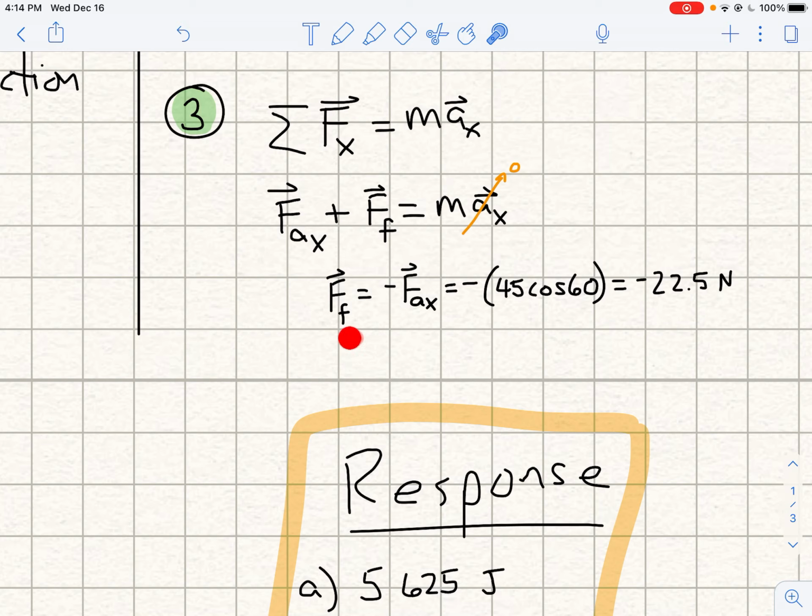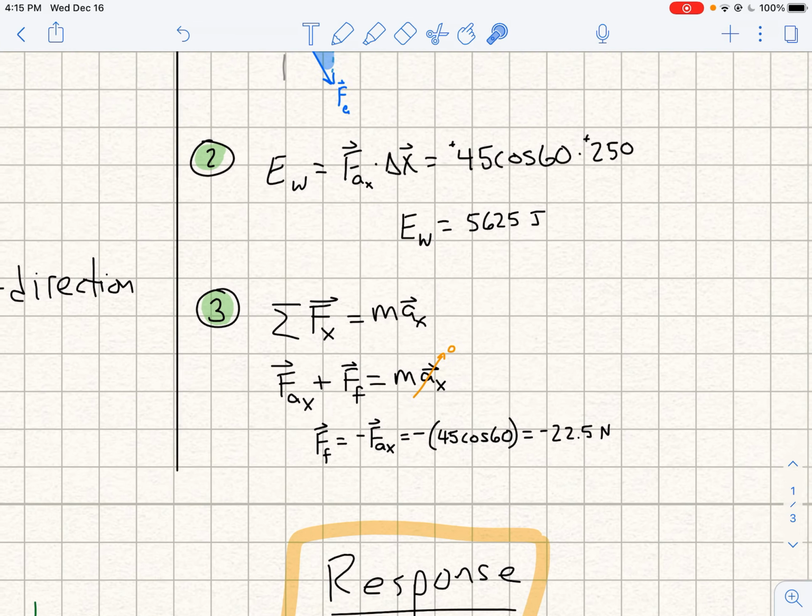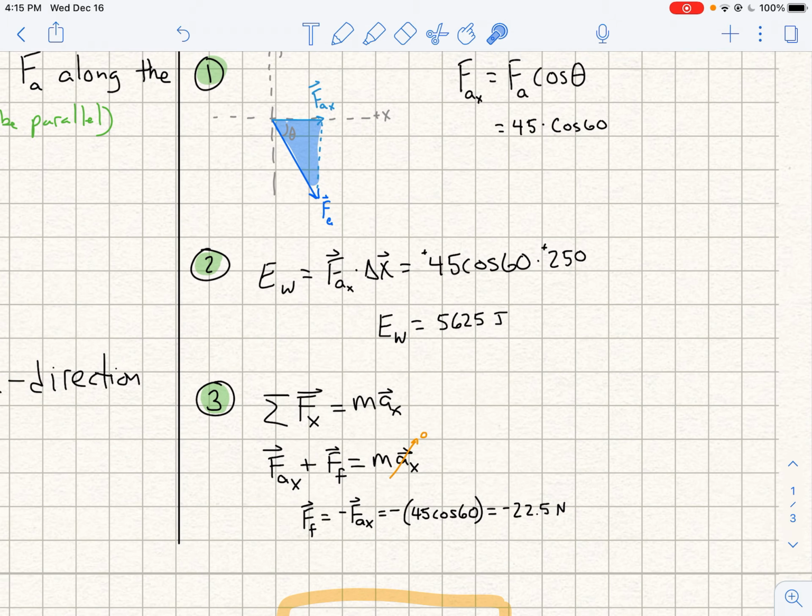Solving this for the force of friction, I'm going to have to subtract the applied force in the x direction over to the other side. So that's where I get the negative from. And then I substitute this in. This actually came from up here at the beginning when I found the force applied in the x direction. And I get, looks like, a negative 22.5 newtons for the force of friction.